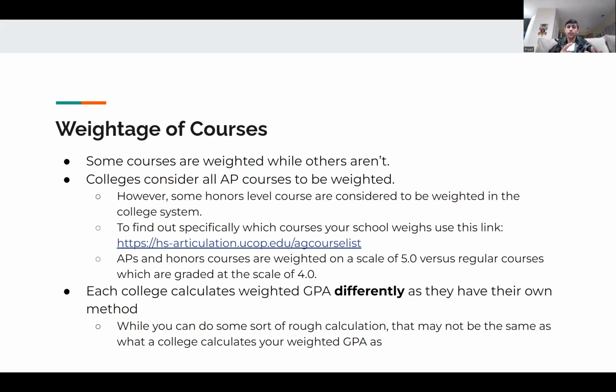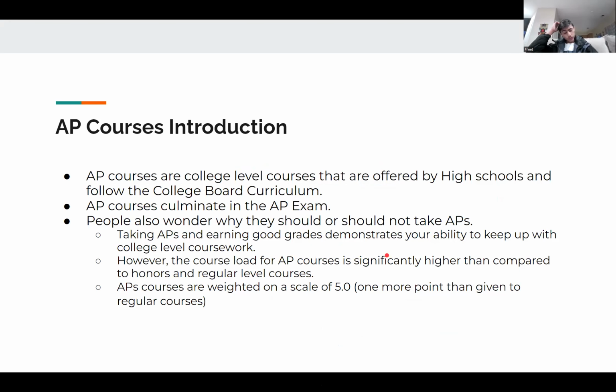What is the system? The UC GPA calculation is much different than, for example, Stanford's and MIT's GPA calculations. And of course, there are a lot of different links available on the internet that help you calculate each individual college's GPA and whether they weight it or not.